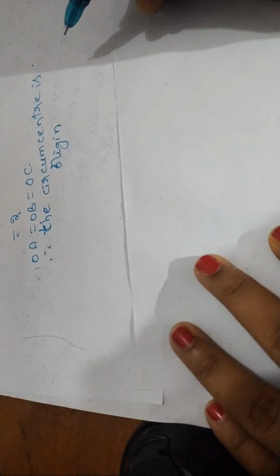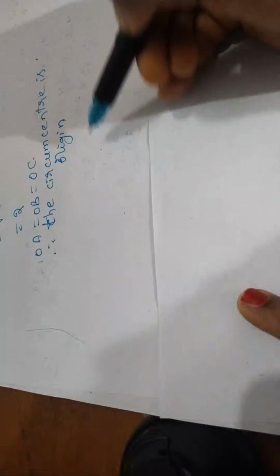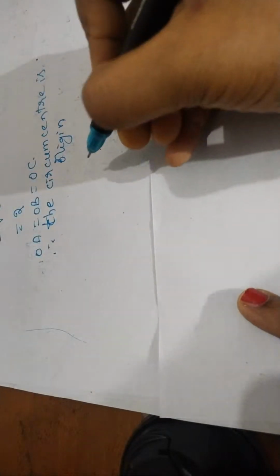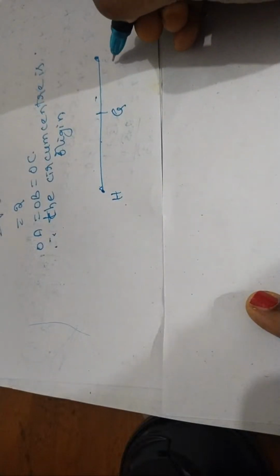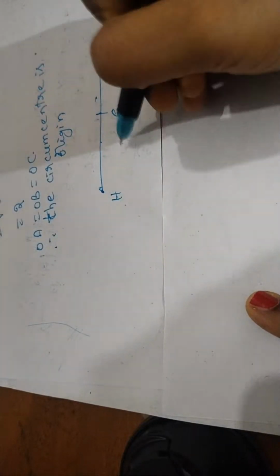For this condition, I'll give one picture for you. What they told is that the circumcenter is the origin. We know the orthocenter, centroid, and circumcenter are collinear, so I'll draw this: orthocenter, centroid, and circumcenter. We know this collinear condition. Here the circumcenter is the origin, meaning the origin is at the circumcenter.